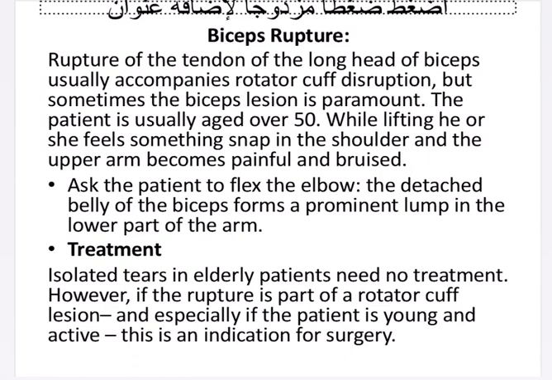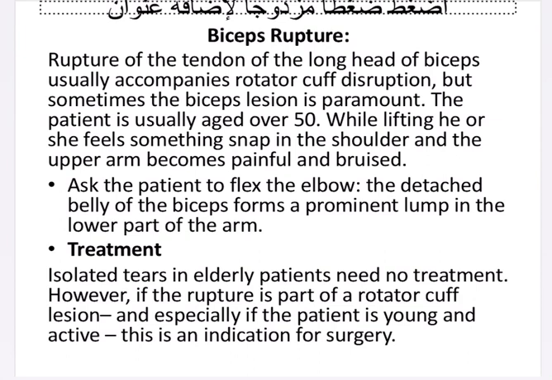Rupture of biceps tendon. Rupture of the tendon of the long head of biceps usually accompanies the rotator cuff disruption, but sometimes the biceps tendon rupture is paramount. The patient is usually aged over 50 years old.